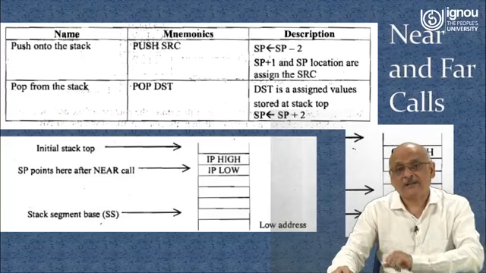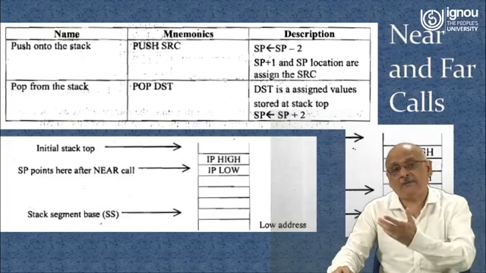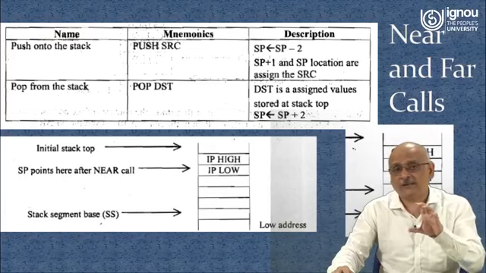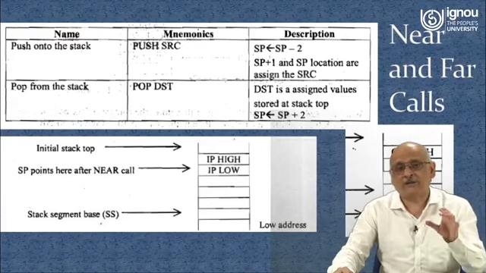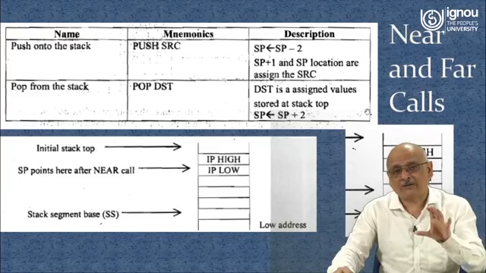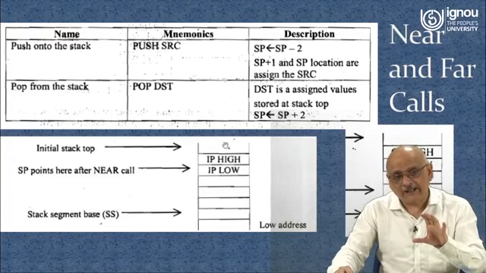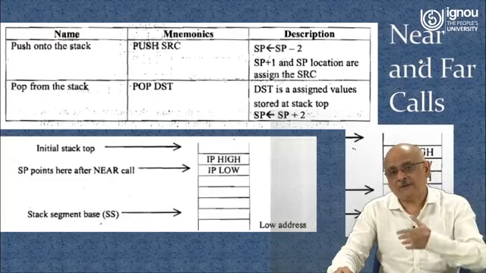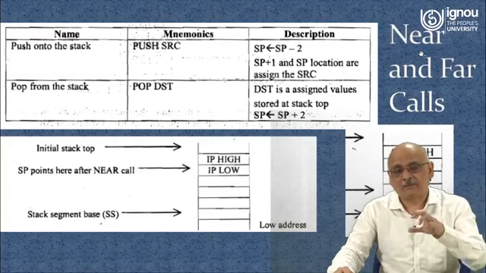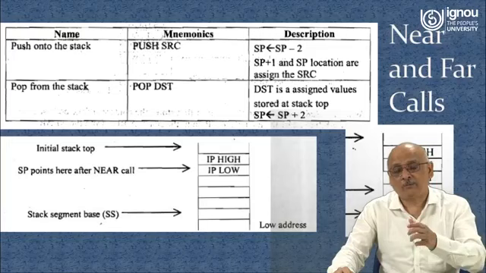If you are using the small model, like .small in a Microsoft kind of assembler, then you are dealing with the near procedure call. Whereas a far procedure call is when you are using the large or medium model, where there can be more code segments in that situation.